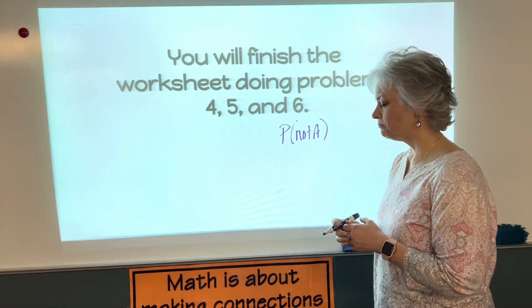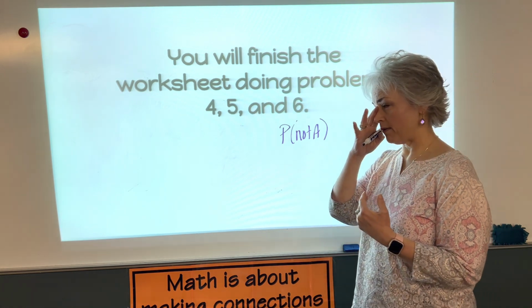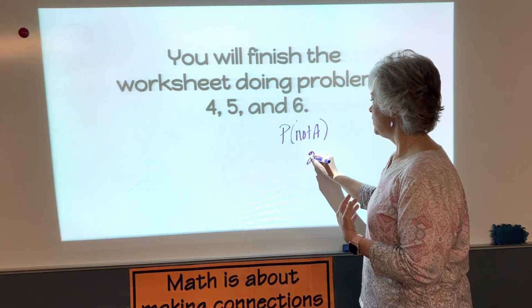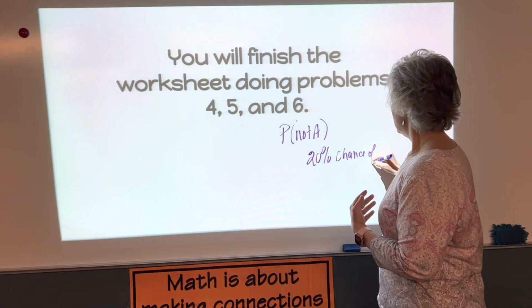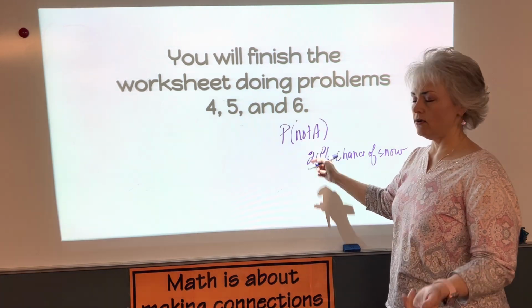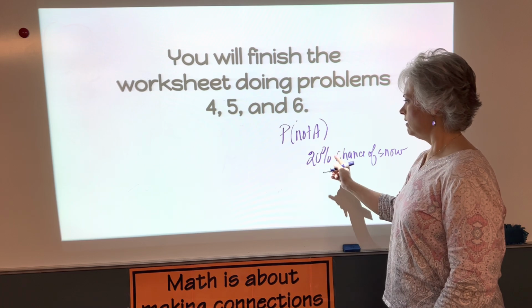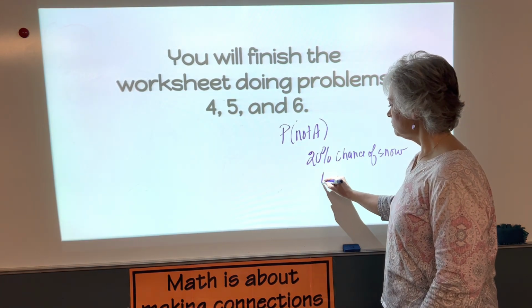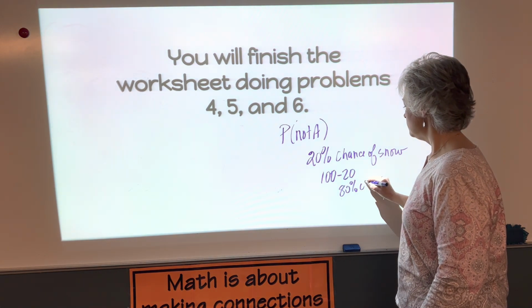So if you wanted, like I said earlier, the probability that it's going to snow is 20%. 20% chance of snow. So what's the probability that it's not going to snow? So you take the whole amount and subtract it. So if it's 20%, that would be 100 minus 20, so it's 80% chance of no snow.